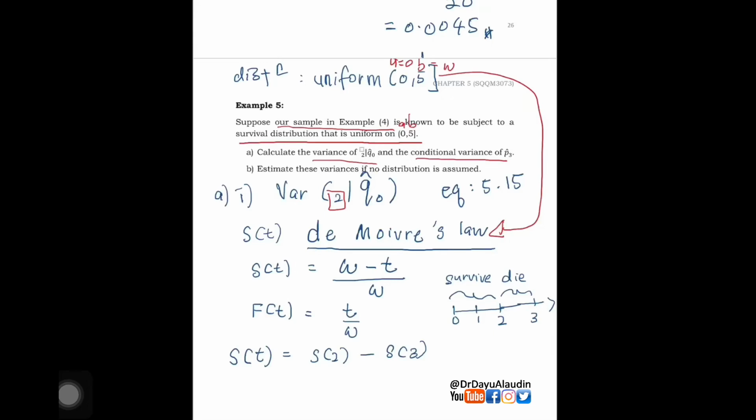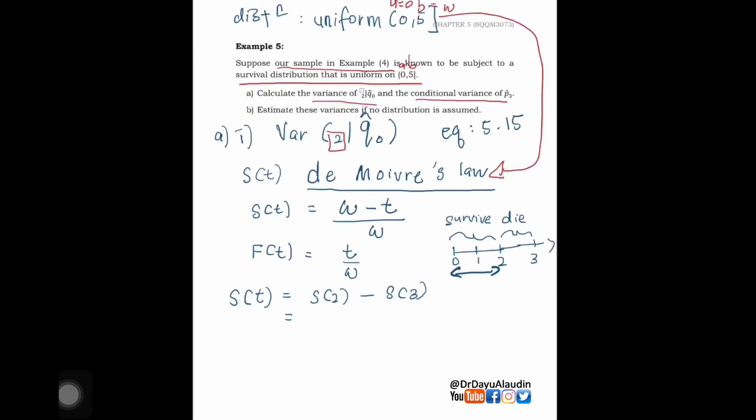So S(t) is survive here. If you want to use S(t), you have to find S2 minus S3, because we survive only until 2. Then you just substitute in this formula.